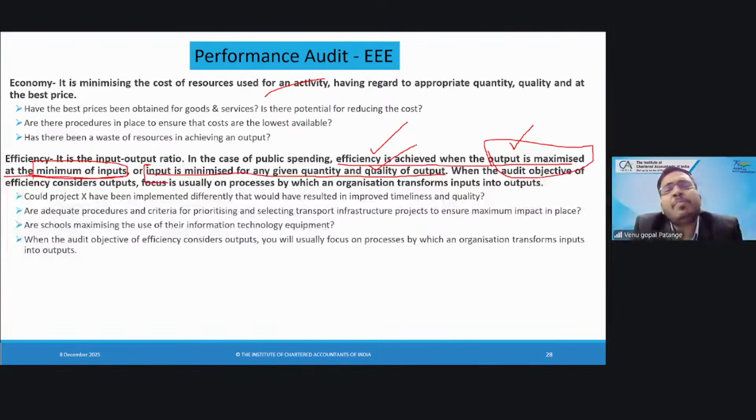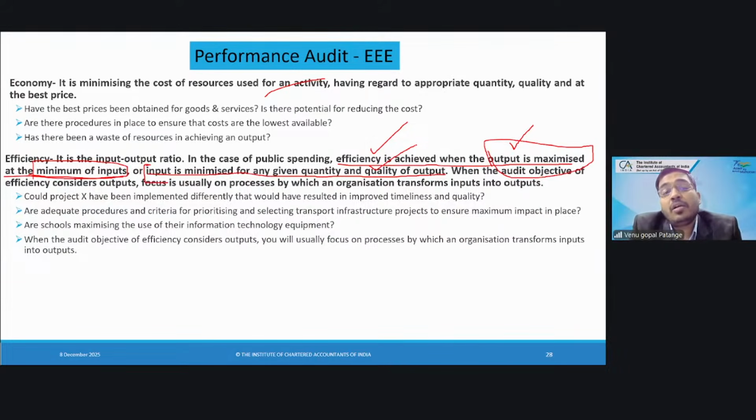You already know the number of people there. Sending 4 doctors, the people may not utilize 4 doctors. So why do you spend more money? So you minimize the input. You send 2 doctors with 5 supporting staff for 3 days. Example, I'm telling you. So here, the quality of output is kept constant, but input is minimized.